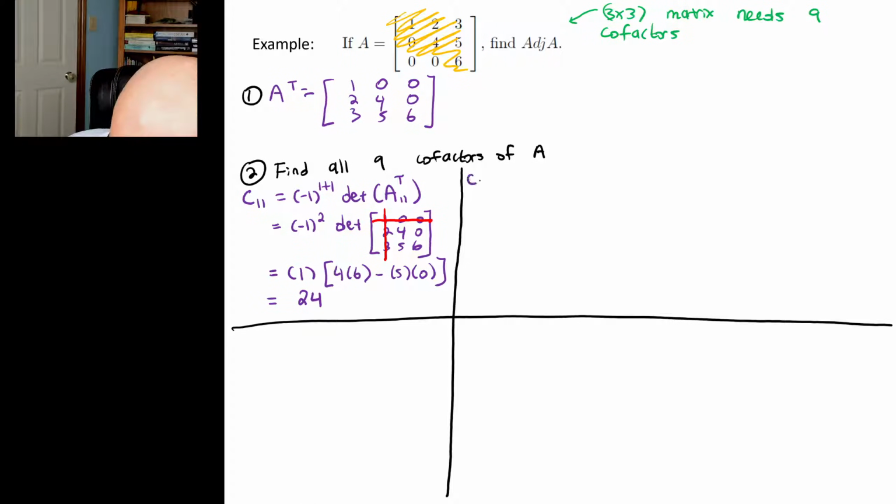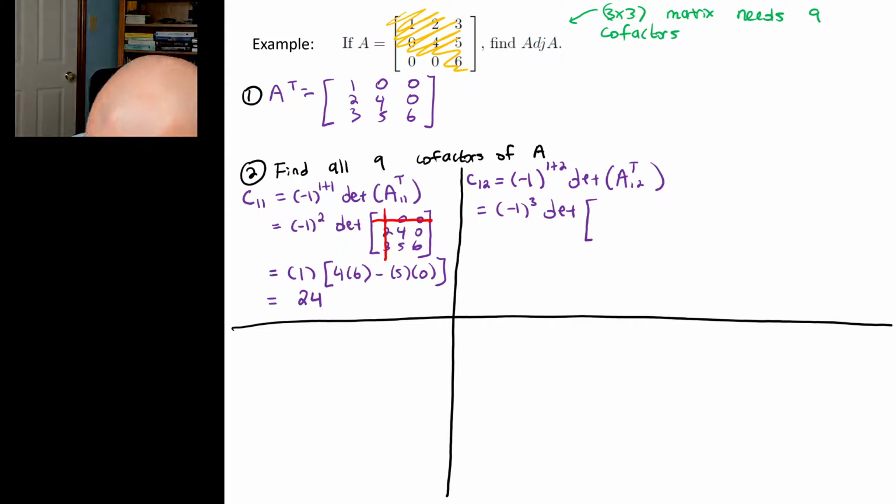Okay, so C12. That's negative 1 to the 1 plus 2 times the determinant of A transpose 1, 2. So negative 1 cubed, and I'll make a copy of the entire matrix. 1, 0, 0, 2, 4, 0, 3, 5, 6.